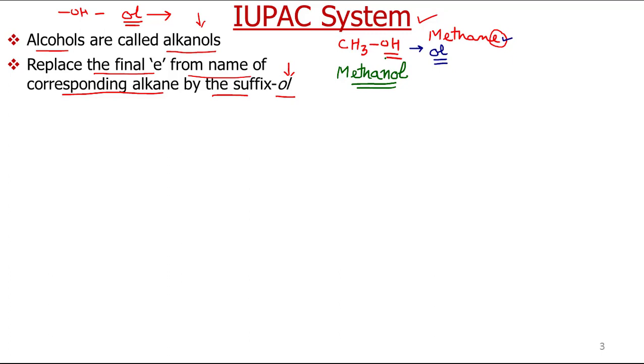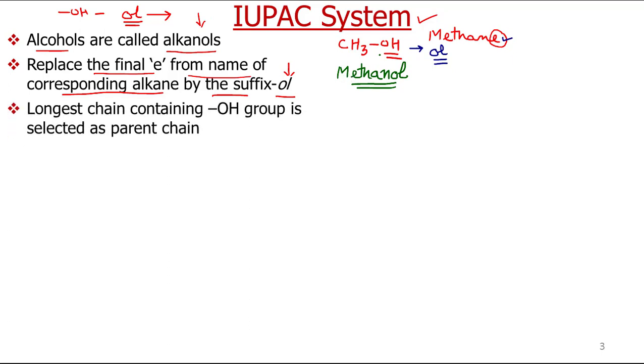So this is the IUPAC name for CH3OH, which is methanol. This is how we name them. It is quite simple. We just have to identify the carbon chain, give its name, then replace this E by ol. Ol is the suffix for the OH group.